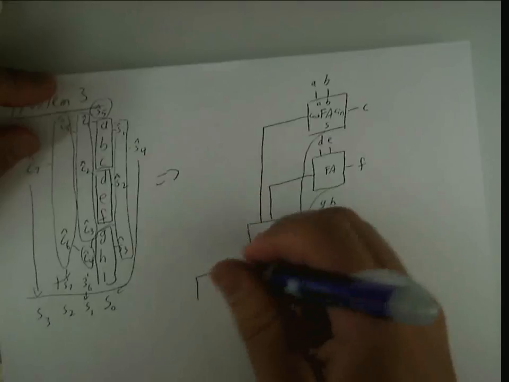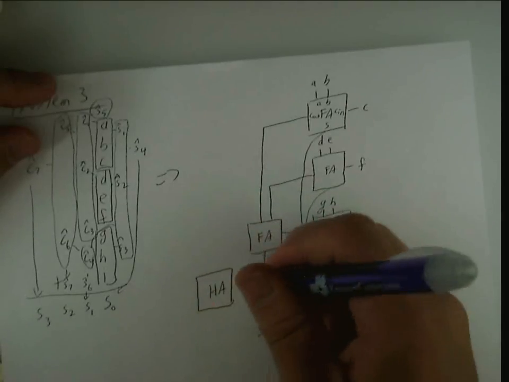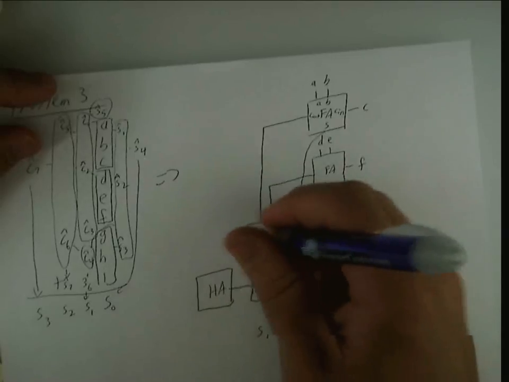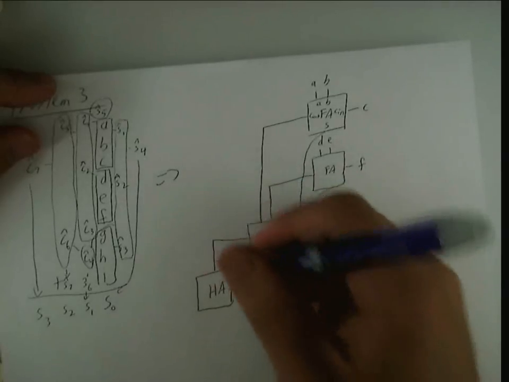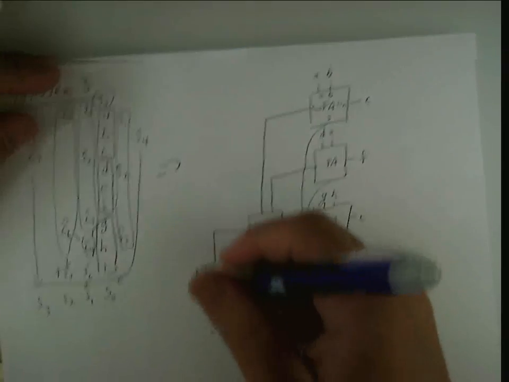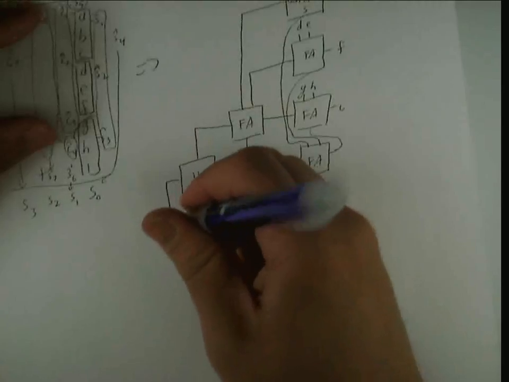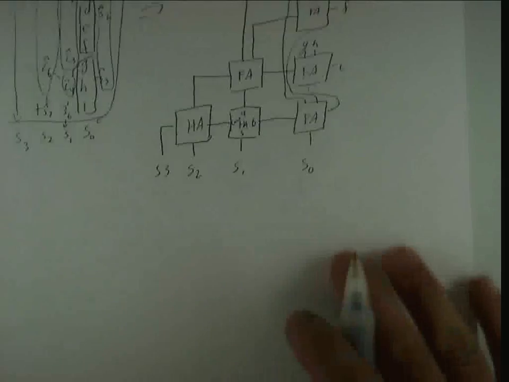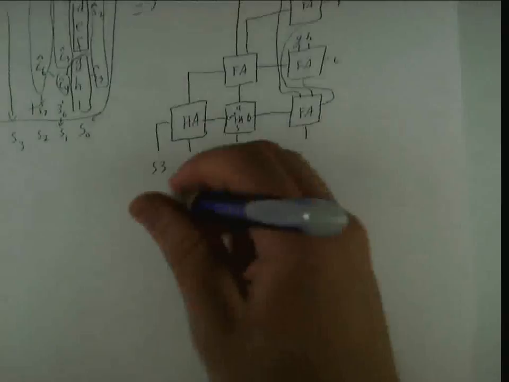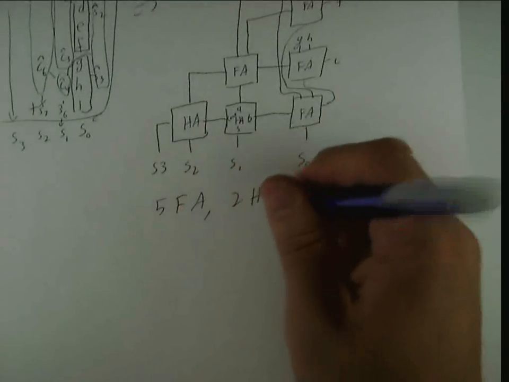And then I just need one more half adder. So C out's going to go into B, carry out from here is going to go in there, and then I get S2, and this carry out is going to become S3. So 5 full adders, 2 half adders.